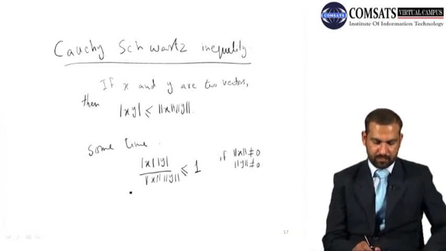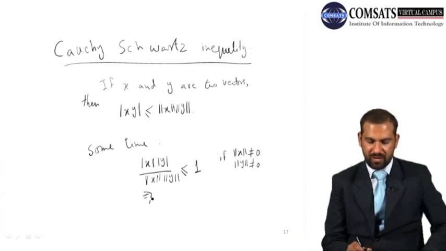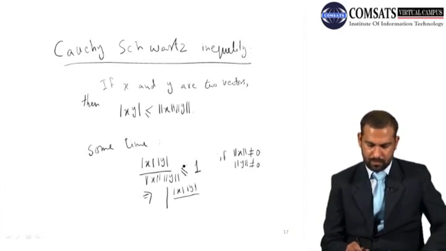And also one can write this Cauchy-Schwarz inequality in this way: the mod of x, y over the norm of x and the norm of y is less than or equal to 1.